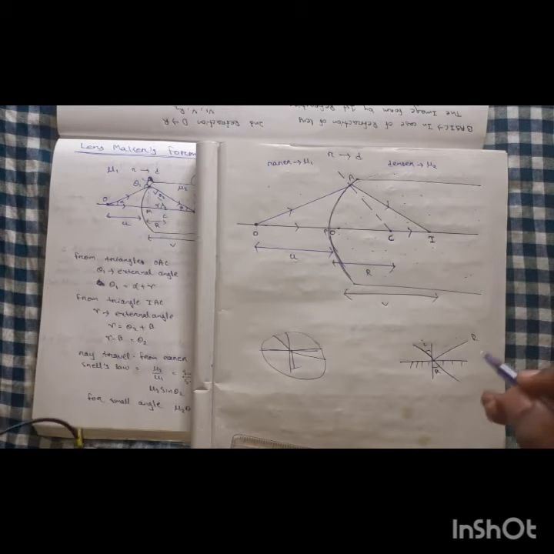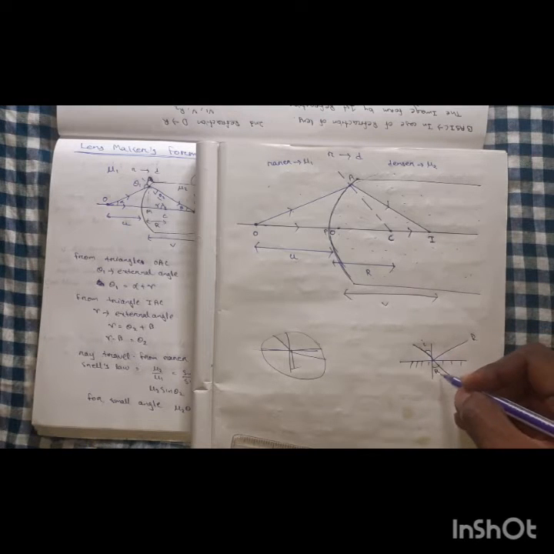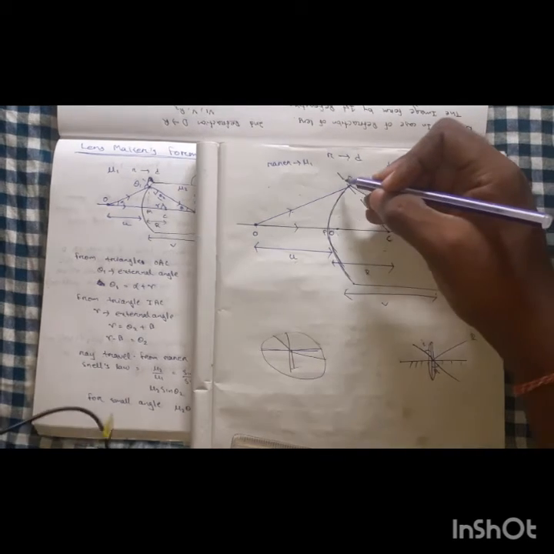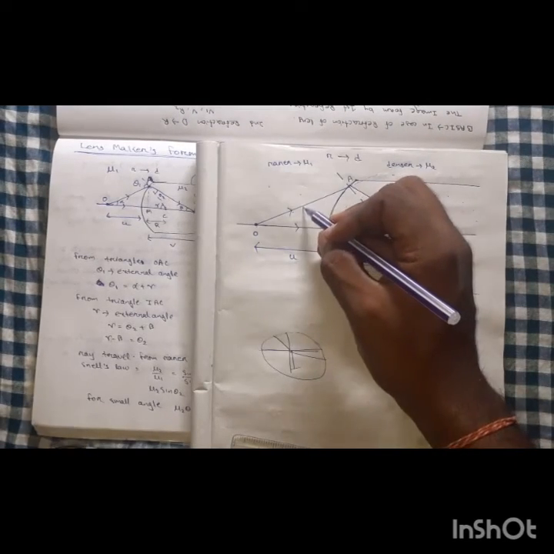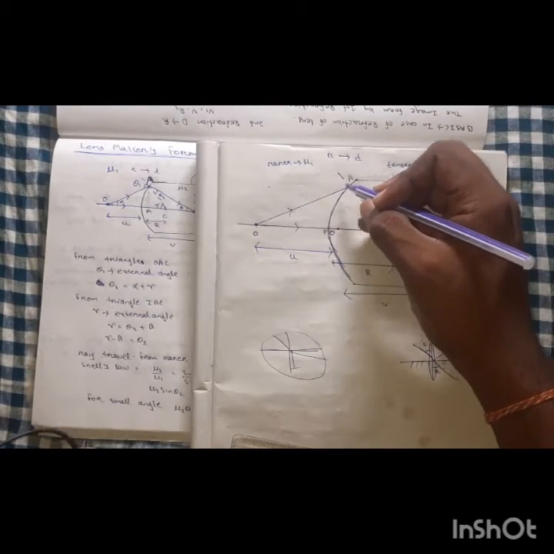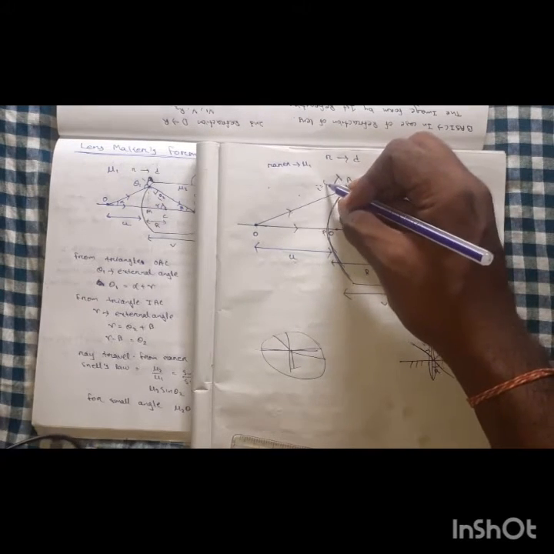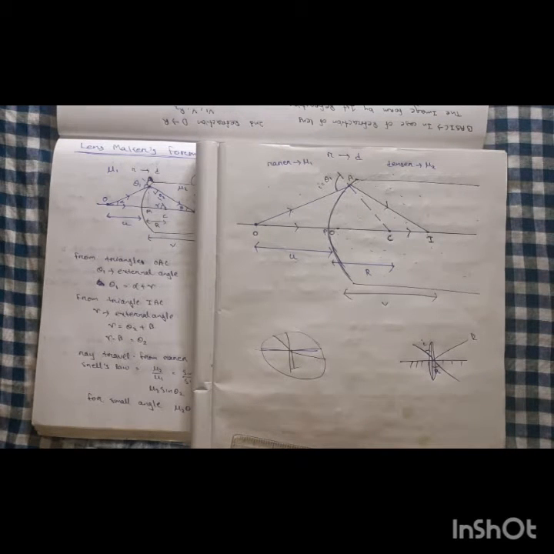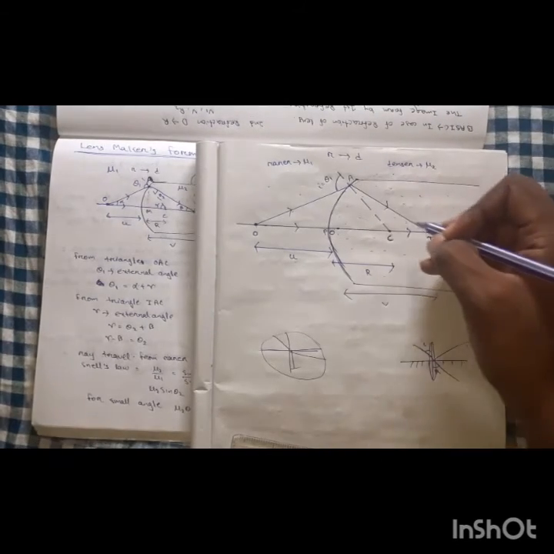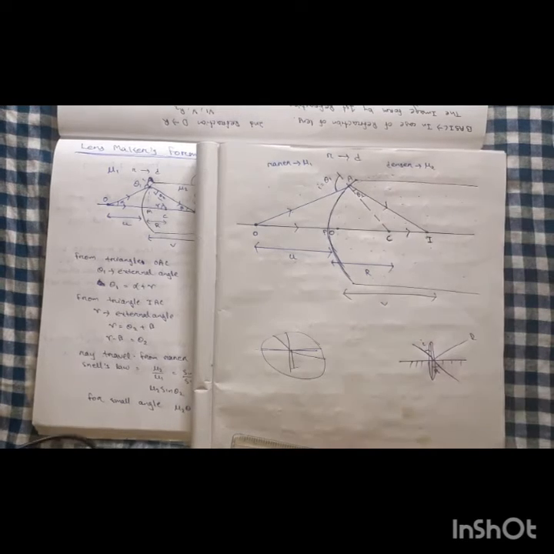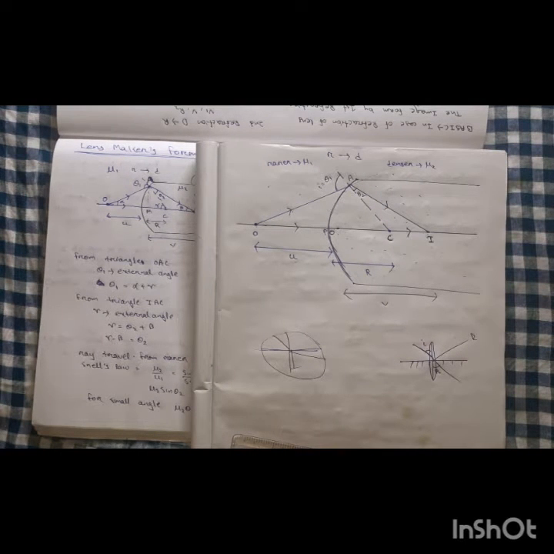I want to say that the incident angle and the refracted angle are always measured with respect to the normal. Similarly, here is the normal and the incident ray, so this angle will be the incident angle. Let me take the incident angle as theta 1. Then what will be the refracted angle? This is the refracted ray and this is the normal, so it will be the refracted angle theta 2. Understand?